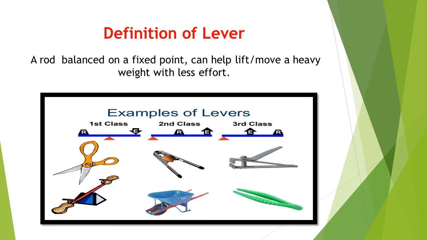And there you can see a scissor. With the help of scissors you can use less effort to cut anything apart, and this is also an example of a lever. The next ones are nutcracker, nail cutter, tweezers, and wheelbarrow, and these are all examples of levers.